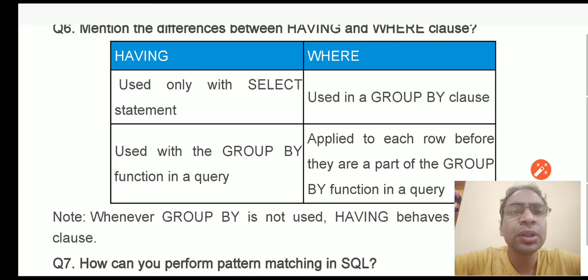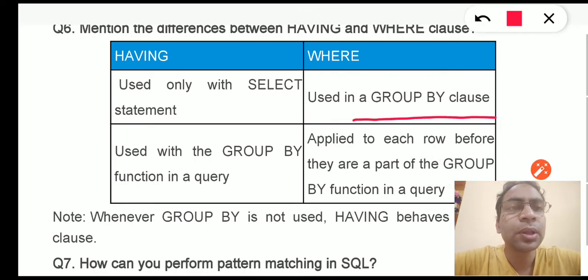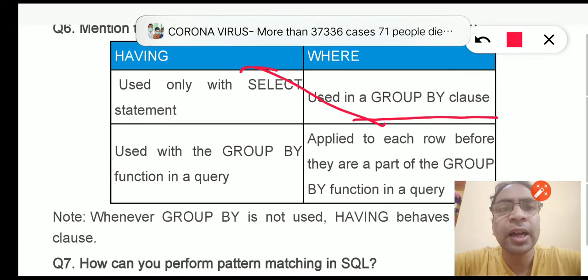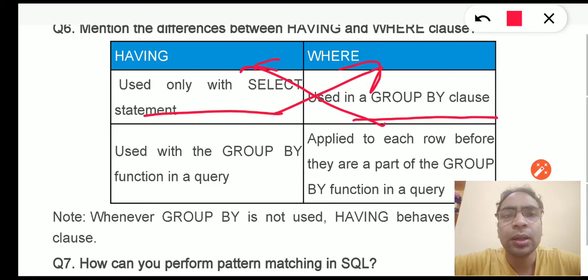Where is used with the select statement. On the other hand, having is used with the group by clause. So having is used with the group by functions, and where is used with the select functions.